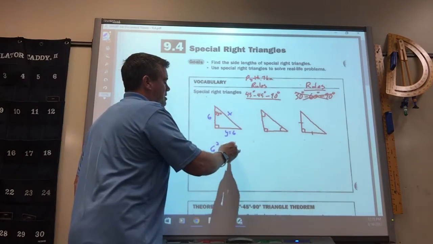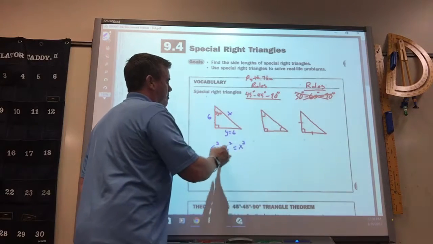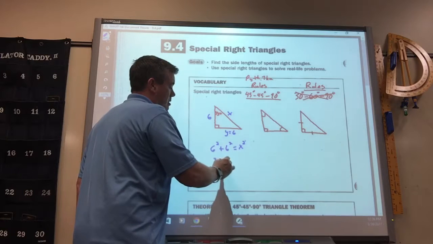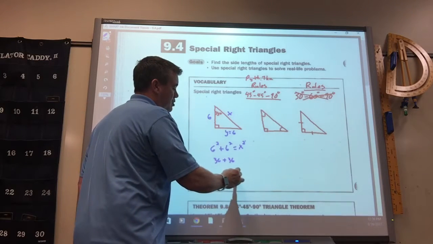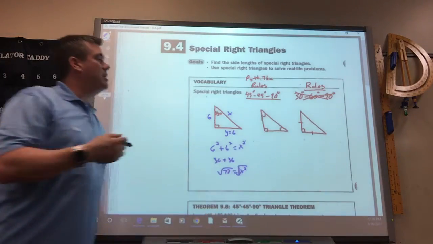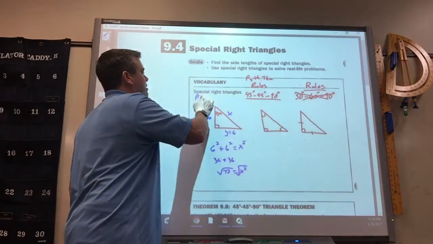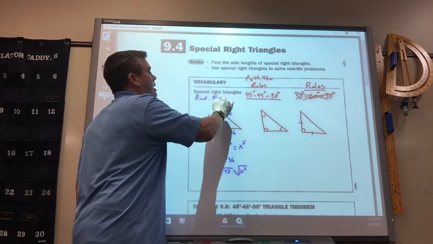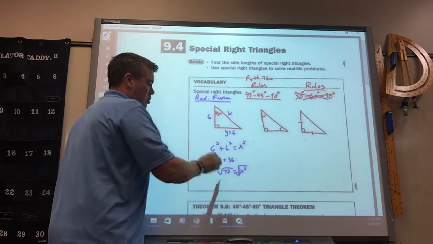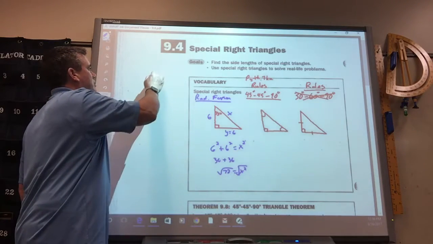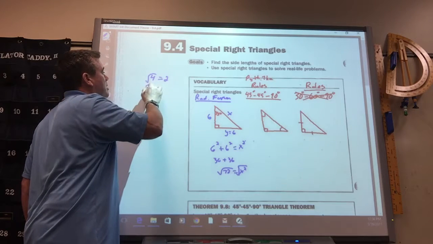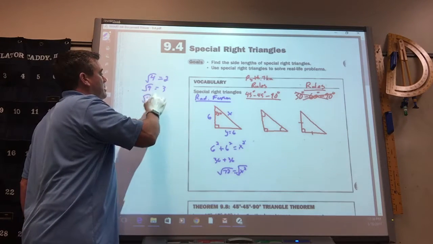6 squared plus 6 squared equals x squared. So what we've got to do is take 36 plus 36, which is 72. Then you square root it. Now the difference on these is these will be in radical form. Remember we just got done simplifying radicals? What perfect square goes into 72? 9 works. Is there a bigger one?